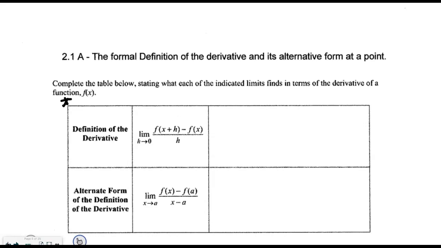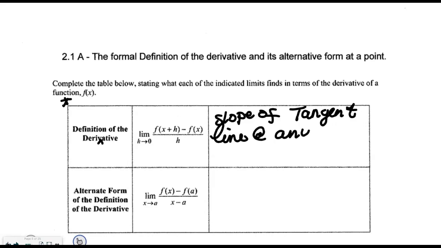So we have two forms of the derivative. We have the definition of the derivative, which gives us the slope of the tangent line at any x value, technically in the domain of f, but we'll write at any x value on the curve.